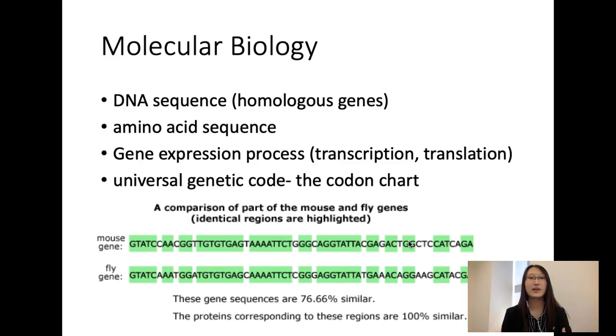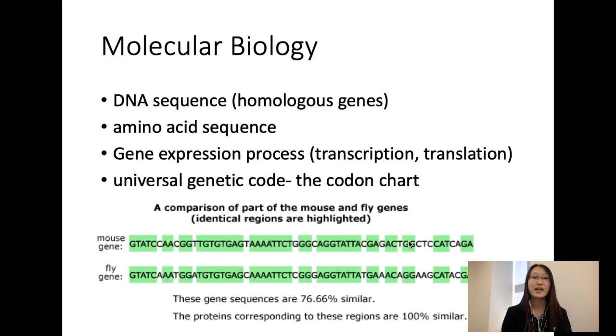So now, the second way that we know that evolution is happening is through molecular biology. There are several ways that we can think about it. We can talk about the DNA sequence between different organisms, right? Between humans and chimpanzees and other primates, for example, we can see a lot of DNA similarities, and between us and even a fly and fruits and bacteria, there are still DNA sequences that are similar to each other.